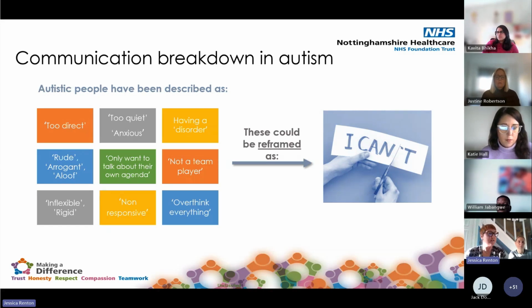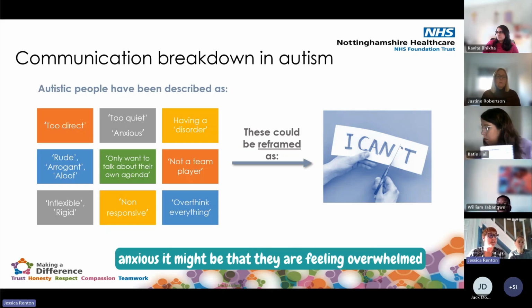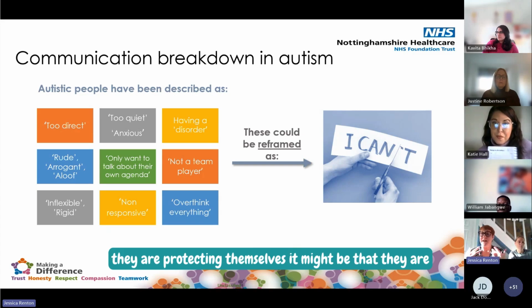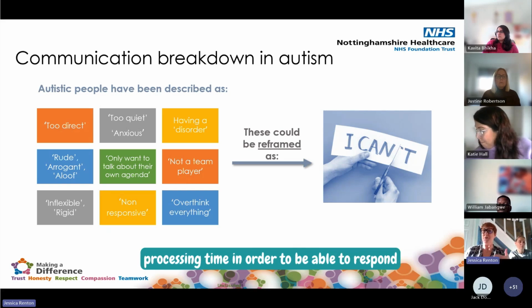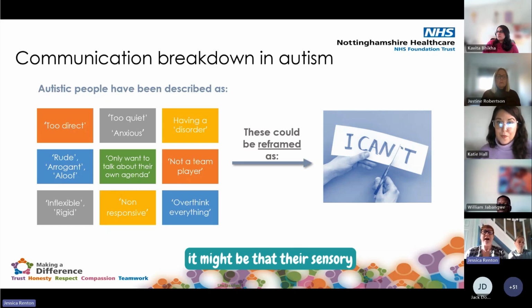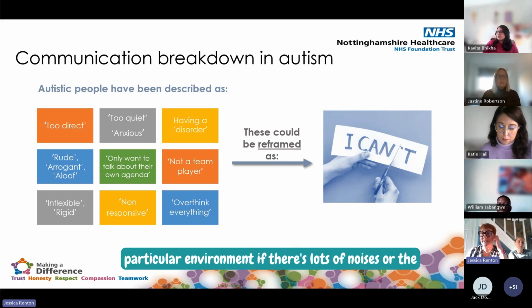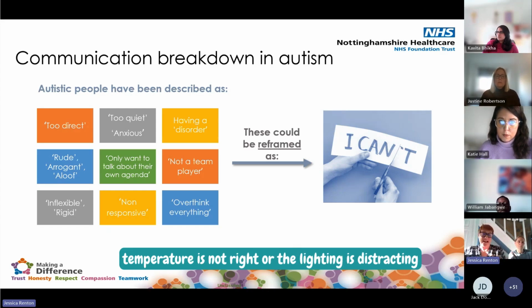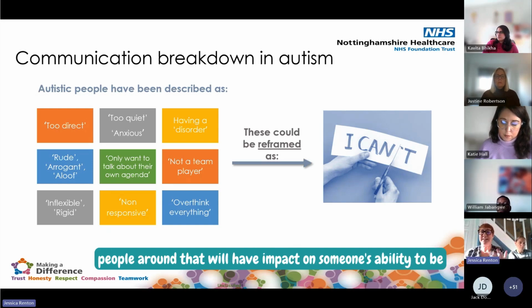Doesn't mean it's incorrect. If someone's too quiet or very anxious, it might be that they are feeling overwhelmed, they are protecting themselves. It might be that they are processing what's being said and they need that additional processing time in order to be able to respond. It might be that their sensory system is really overloaded, and in the particular environment, if there's lots of noises or the temperature's not right or the lighting is distracting and there's too many people around, or there aren't enough people around, that will have an impact on someone's ability to engage.